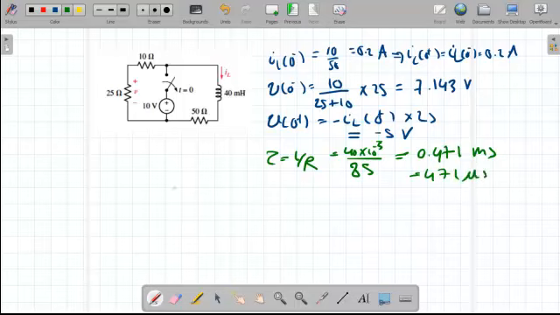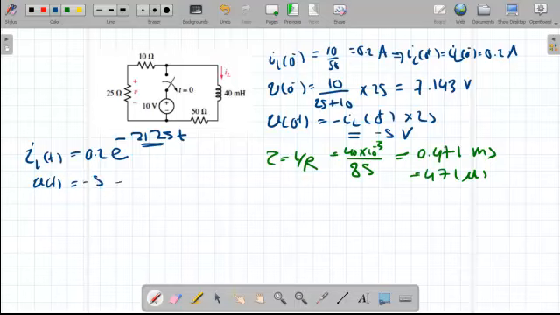Now the expression for IL of t will equal 0.2 e to the power minus 2125t. This is just 1 over tau. V of t will equal minus 5 e to the power minus 2125t.